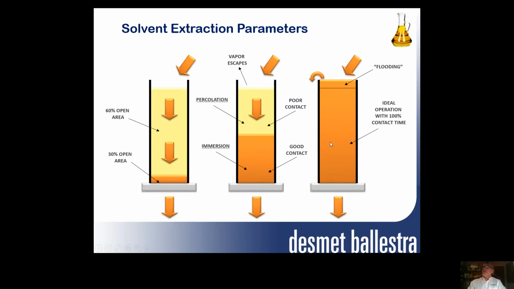The ideal operation is when it's completely flooded. Naturally, there should be some percolation, otherwise it would stay with the same micella all the time. We need percolation, but at the same time contact of the micella with the material.